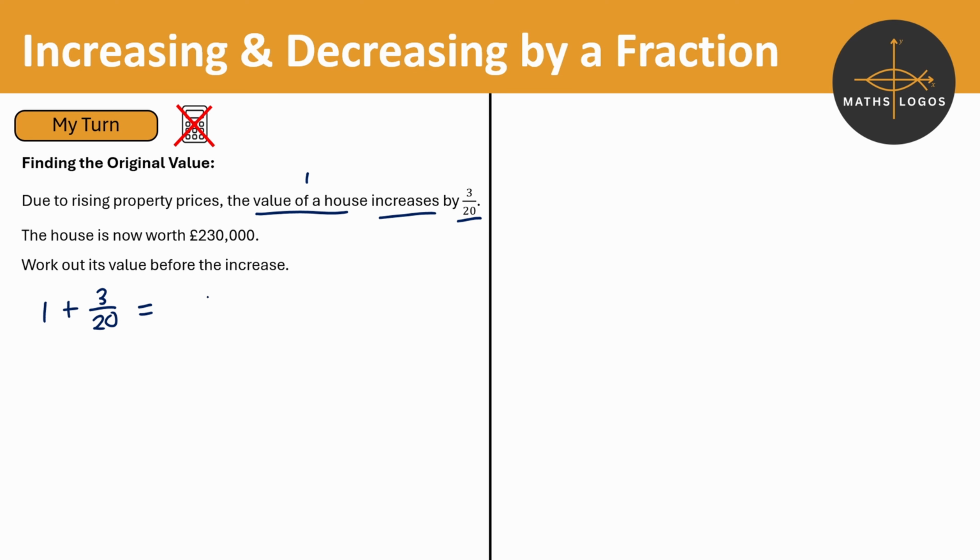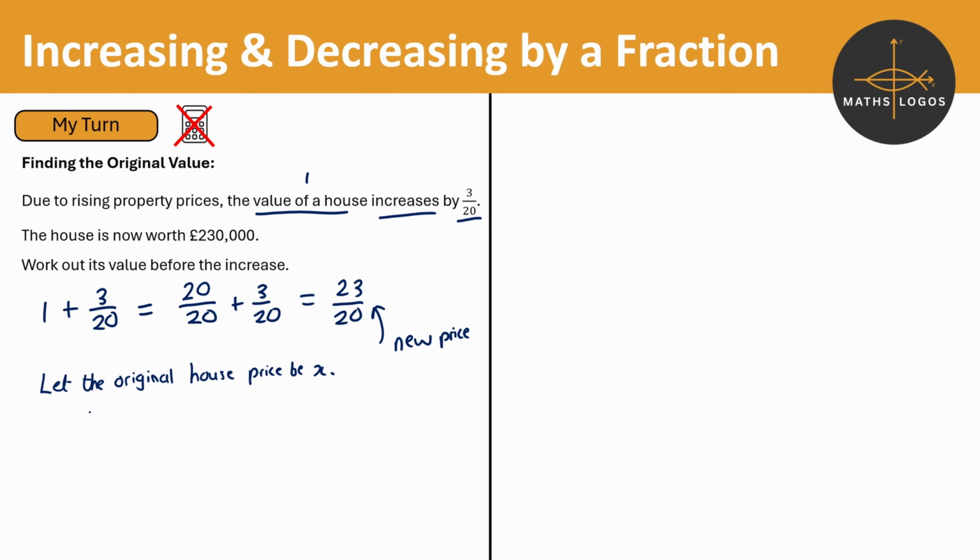I'll write 1 as a fraction by saying 20 over 20, and then I'm adding on 3/20. And that gives me this answer of 23/20. And this represents the new price of the house relative to the original. It's 23/20 of the original. We're going to introduce a little bit of algebra. We're going to say, let the original price of the house be x.